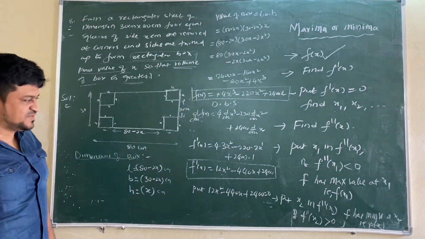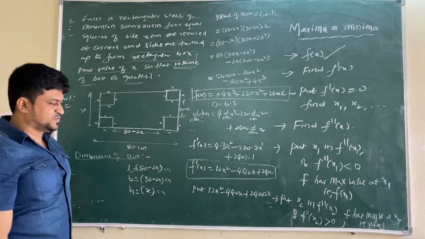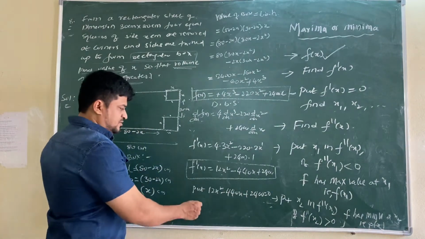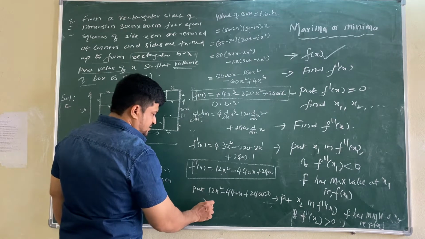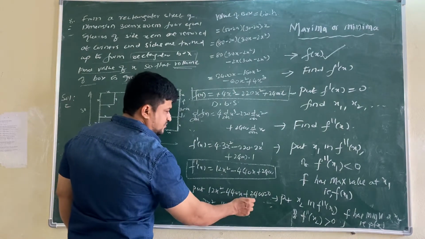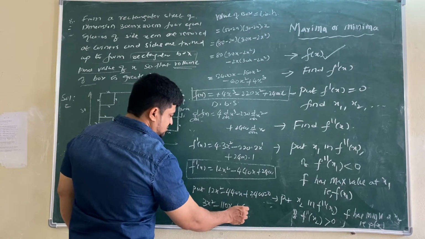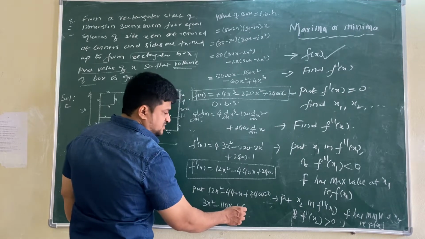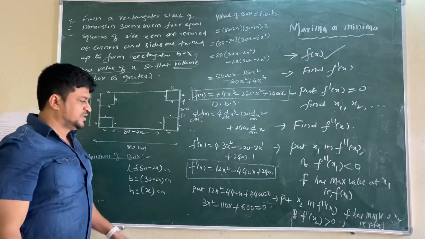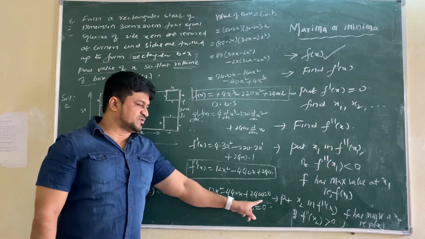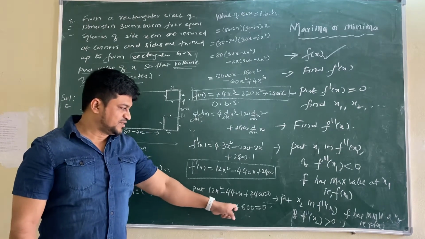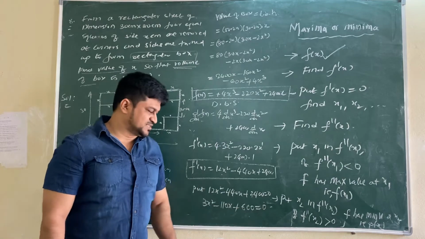Can we cancel with any common multiple? 4 is common. 4 threes are 12, 4 into 110 is 440, 4 into 600 is 2400. We have divided this by 4, so it becomes 3x square minus 110x plus 600 equal to 0.